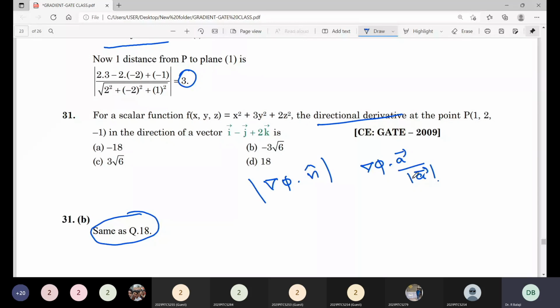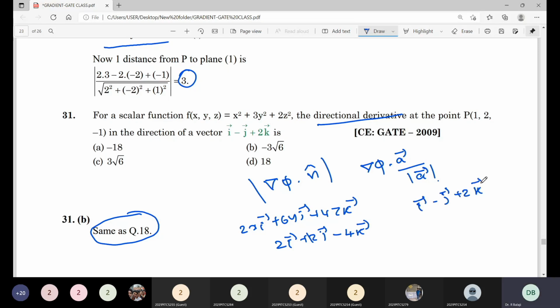So del phi is 2x into i vector plus 6y into j vector plus 4z into k vector. At the point 1 comma 2 comma minus 1, it is 2i vector plus 12j vector minus 4k vector. We already solved this. Here a vector is equal to i minus j plus 2k.